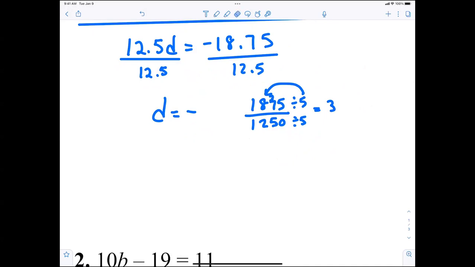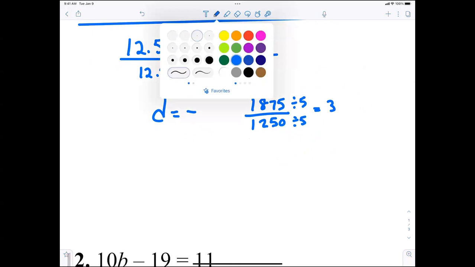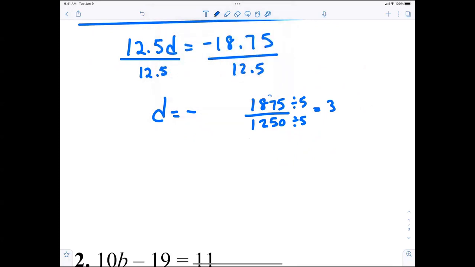So now I put a 3 above that 7. So how many times does 5 go into 37? 7, with how many left over? 2. 5 goes into 25 5 times. 5 goes into 12 twice, how many left over? 2. 5 goes into 25. 5. And 5 goes into 0.